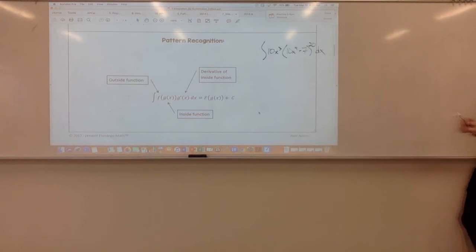How about 10x cubed times (10x to the 4th minus 7) to the 20th power. See if you can set this one up here.